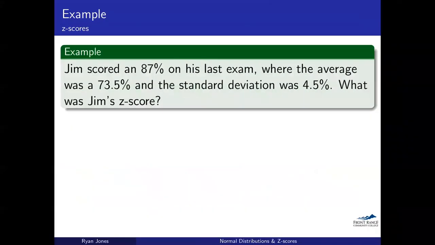So let's do an example. Let's say that Jim scored an 87% on his last exam, and the average was a 73.5, and the standard deviation is 4.5. If we want to know Jim's z-score, there are two ways that we can calculate this. The first thing that we could do is use our formula.